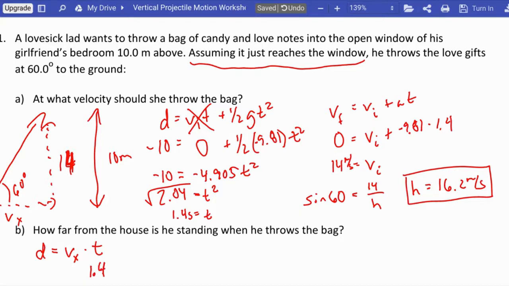We don't know the velocity in the x. Okay, with that being said, though, we do know all the other sides. So if we know the hypotenuse is 16.2, and the opposite side was 14, we can use the Pythagorean theorem, since it's a right triangle, to solve for the other side. So 14 squared plus b squared equals 16.2 squared. Just using that information from the previous problem.